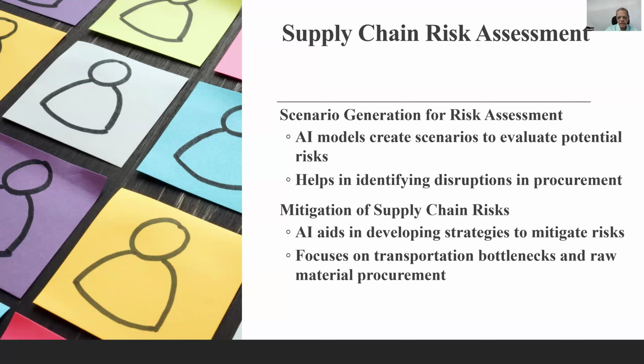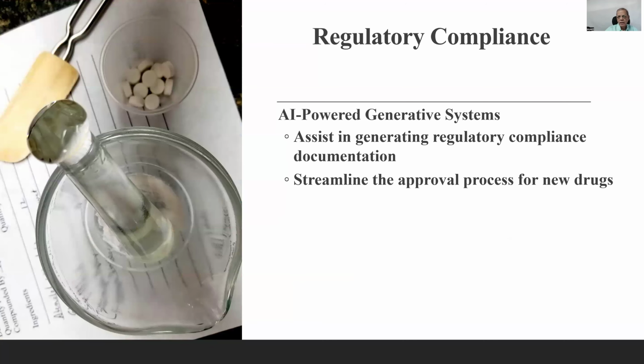Mitigation of supply chain risk is thus identified and taken care of. Artificial intelligence can aid in developing strategies for mitigating those risks, and also focuses on transportation bottlenecks and the raw material procurement side.